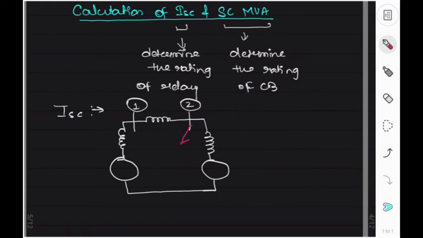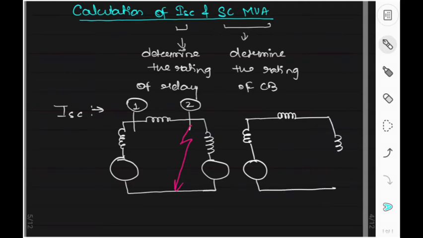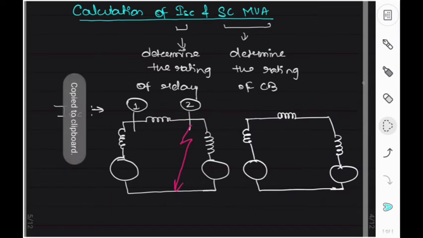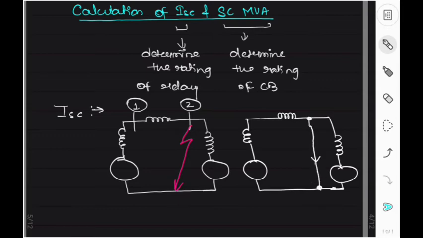If this bus experiences a fault, then bus 2 will get short circuited. So if a fault occurs at this point, it will get short circuited and we need to find the short circuit current.